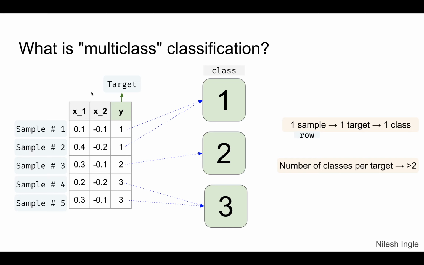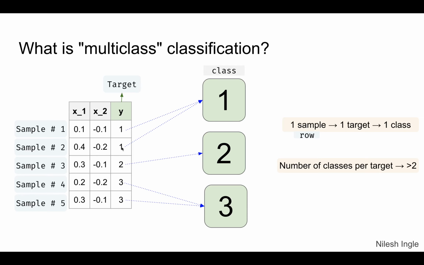Let's say we have this data table here on the left hand side. We have two features, x1 and x2, and each row is a sample. So sample number 1 would be the first row, which is this one. Sample number 2 is this, and so on. And y, which is the target, has three classes in this case.